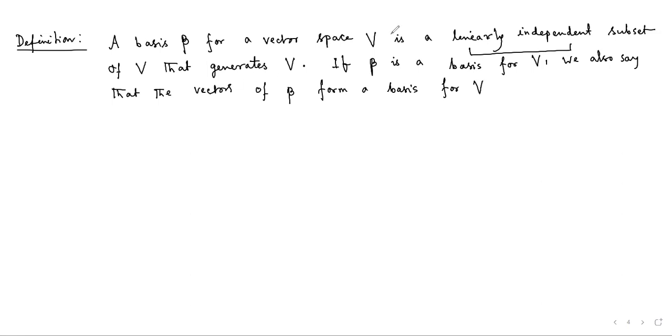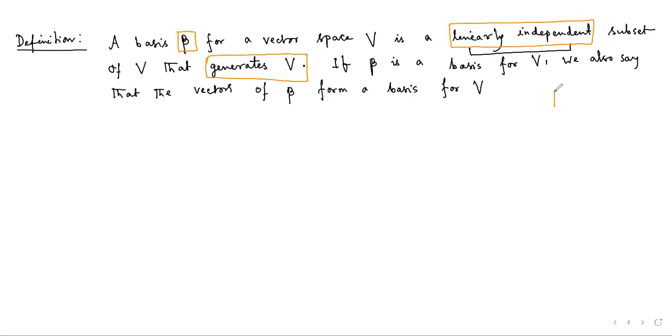Now, what is important in this particular case? If a particular set beta is to be a basis, then it must satisfy two properties. One property is that the set beta must be linearly independent. You already know the meaning of this, and that every vector of V can be generated by the elements of beta.